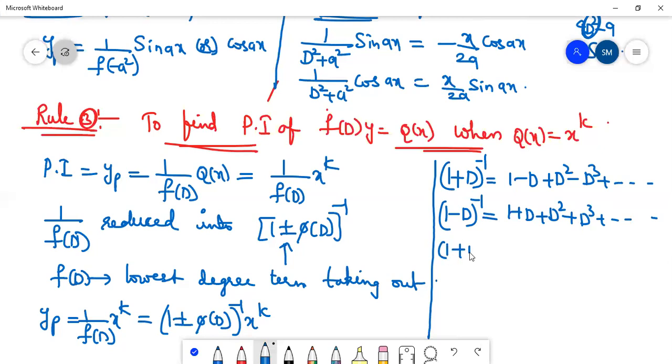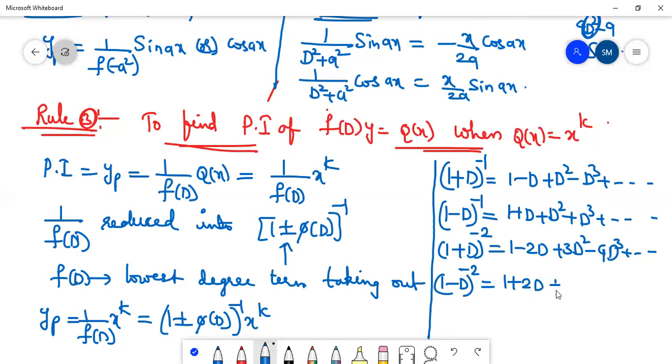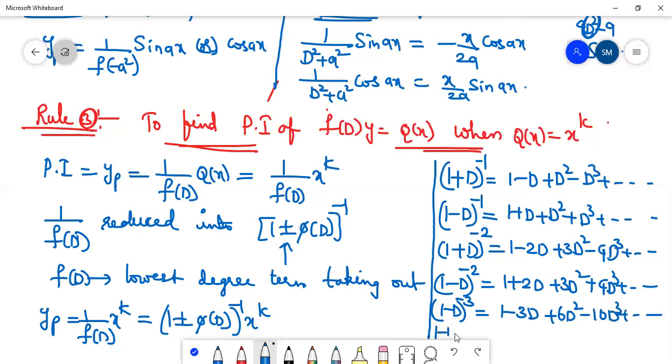Next, 1 plus d whole power minus 2 equals 1 minus 2d plus 3d square minus 4d cube plus so on. 1 minus d whole power minus 2 equals 1 plus 2d plus 3d square plus 4d cube plus so on. 1 minus d whole power minus 3 equals 1 plus 3d plus 6d square plus 10d cube plus so on.